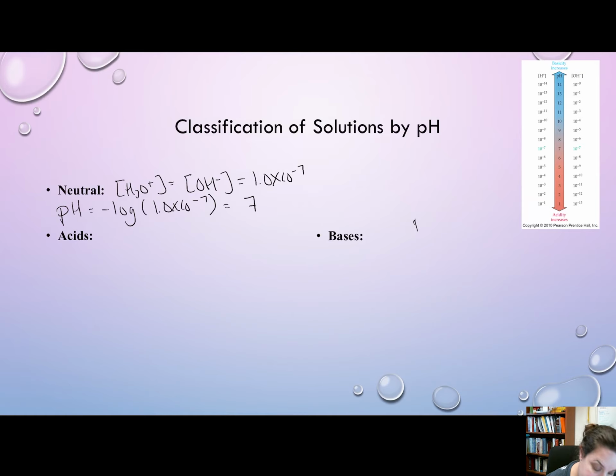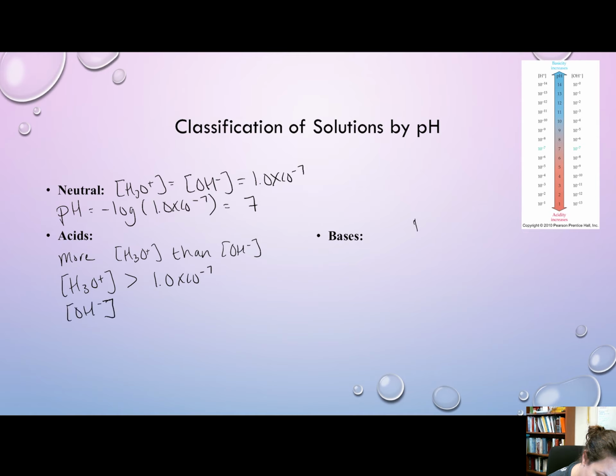If we are talking about an acidic solution, we have more hydronium than hydroxide. So our hydronium concentration will be greater than 1.0 times 10 to the negative 7, while our hydroxide concentration will be less.